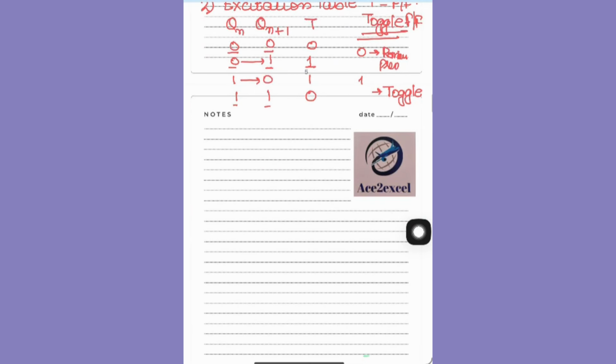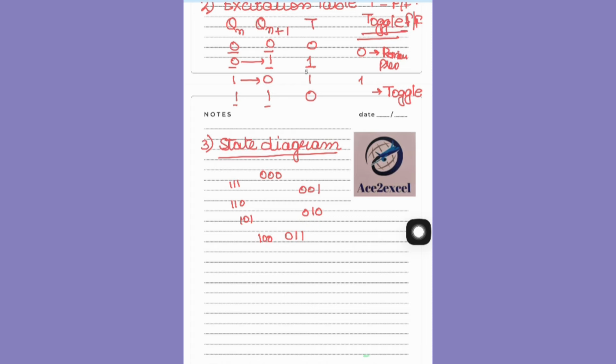Step 3 says state diagram. State diagram is totally dependent upon the modulus of a counter, and we are designing mod 8. That means there are 8 states in the state diagram, which I am writing in binary from 000 to 111. So it is 000, 001, 010, 011, 100, 101, 110 and 111.